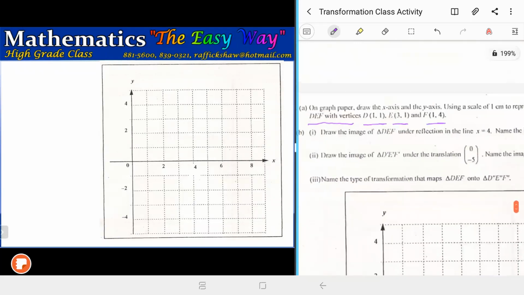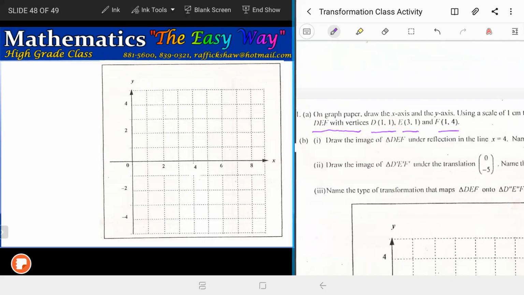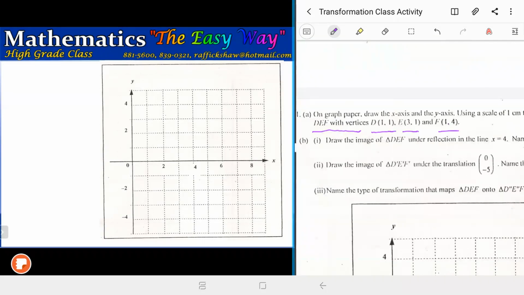So let's put them on, 1 point at a time as usual. That's the point D, (1, 1). Then the point E is (3, 1). Then the point F is (1, 4). So those are the points. Draw the triangle. Beautiful. So we answer the first part right there. Part A is to draw the triangle.